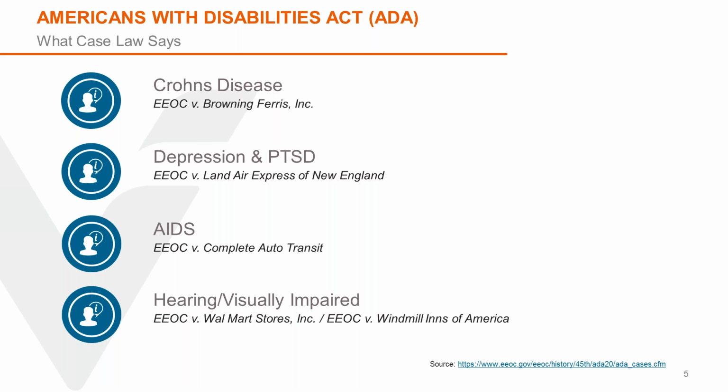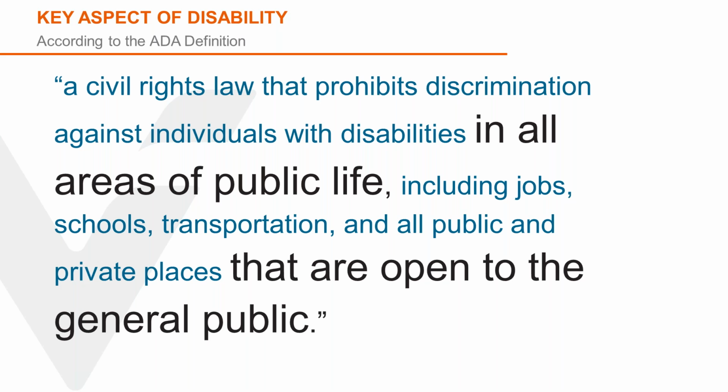But what the Americans with Disabilities Act didn't do was address the internet. And while it didn't address the internet, because the internet really wasn't what it is now when this was enacted, when you look at the information superhighway, you are looking at a public space. So you're looking at all areas of public life that are open to the general public.